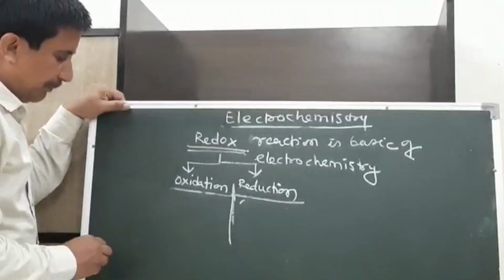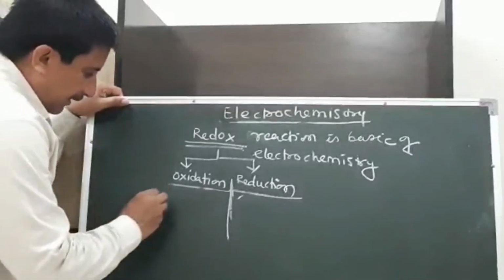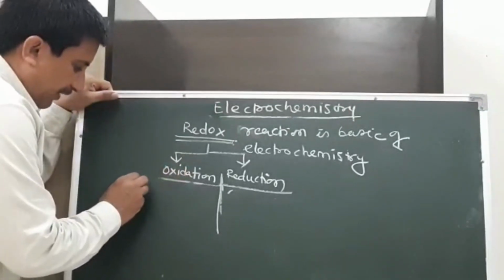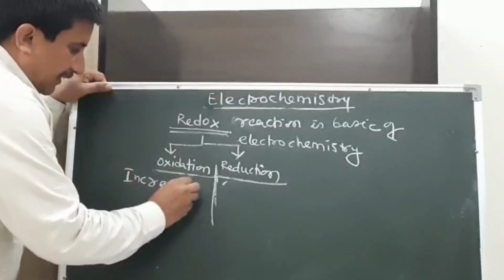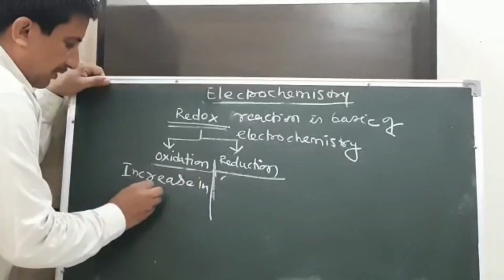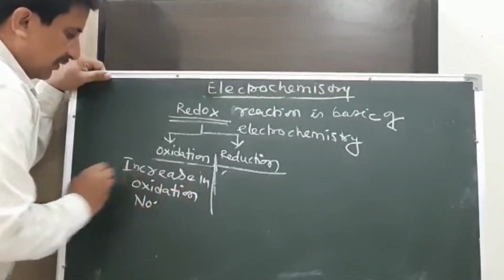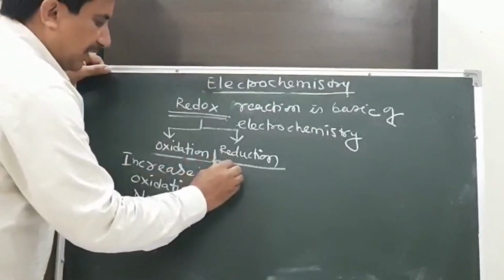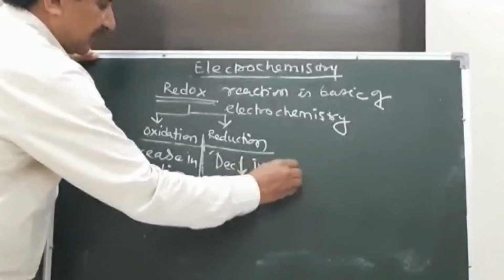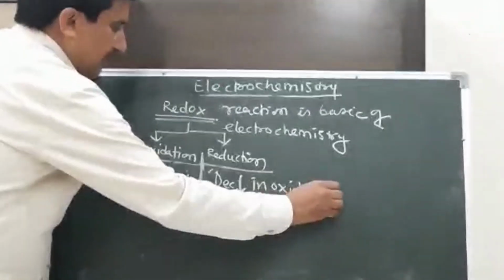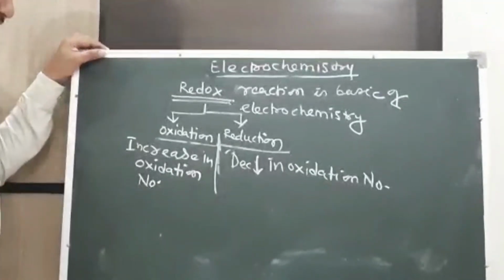In a simple way, we can say oxidation can also be defined as increase in oxidation number, and reduction means decrease in oxidation number. So all these are from the electronic point of view.